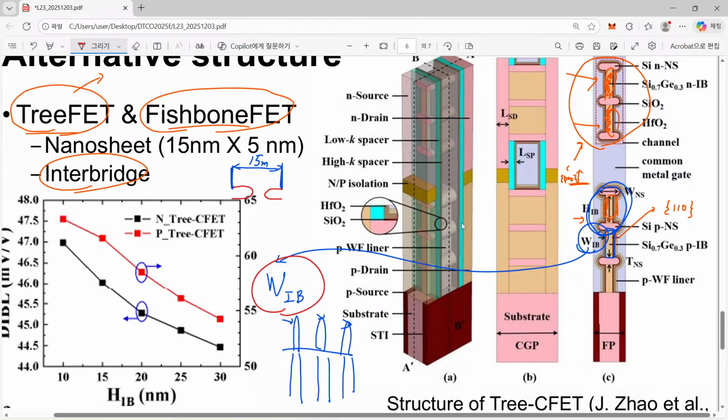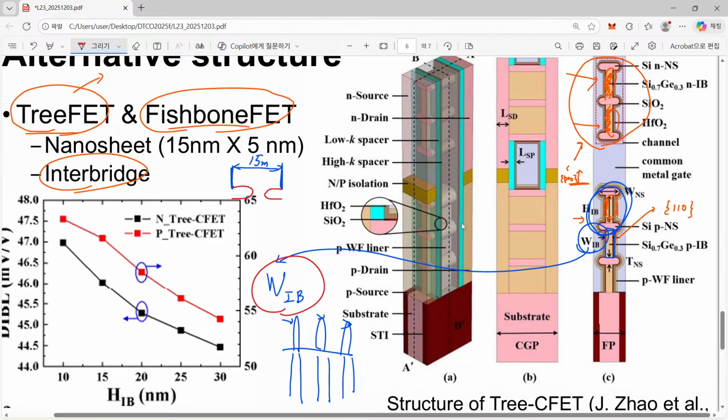And I told you previously that at a former time, one industrial manufacturer tried to make an inner spacer, and quite similarly, when they make an inner spacer, they have to control the etching of this inner spacer material, and if they cannot control that quite uniformly, then the inner spacer thickness can show some fluctuations.